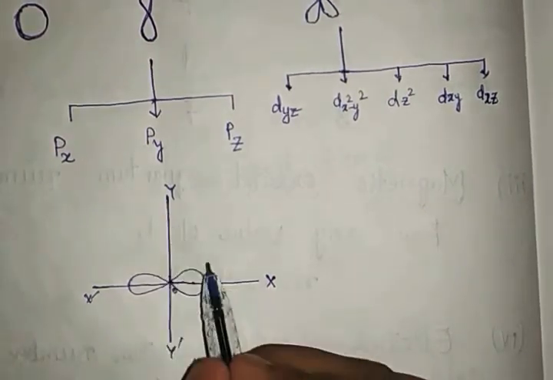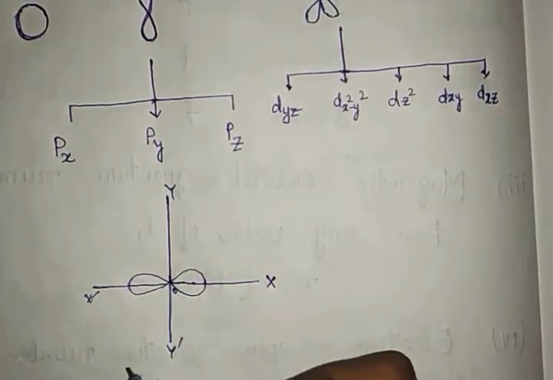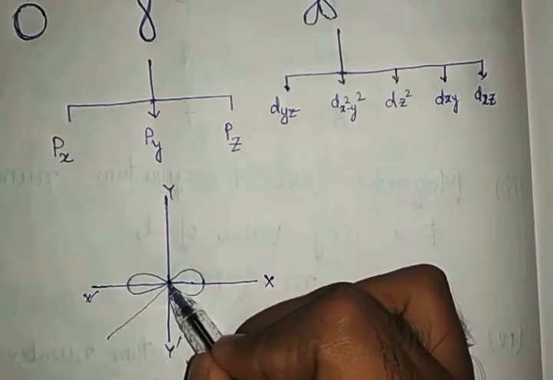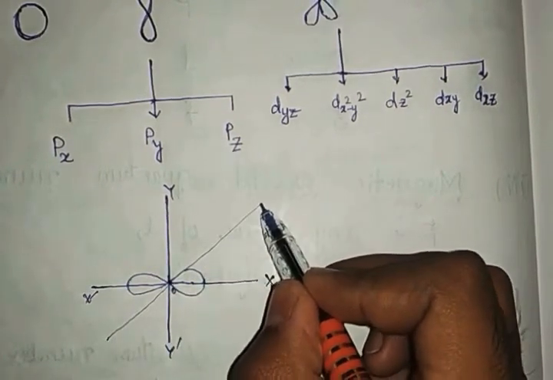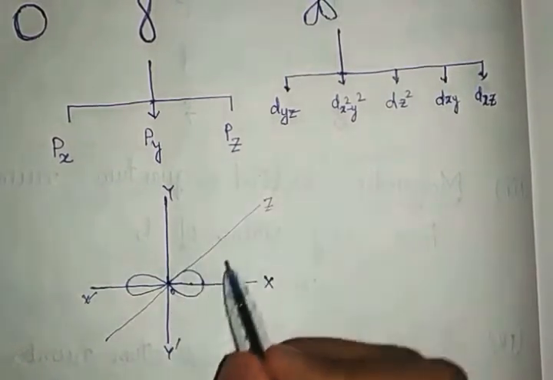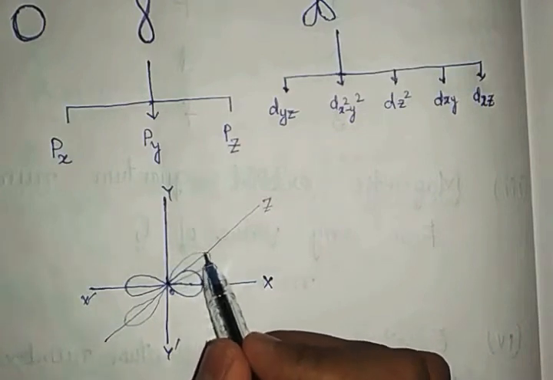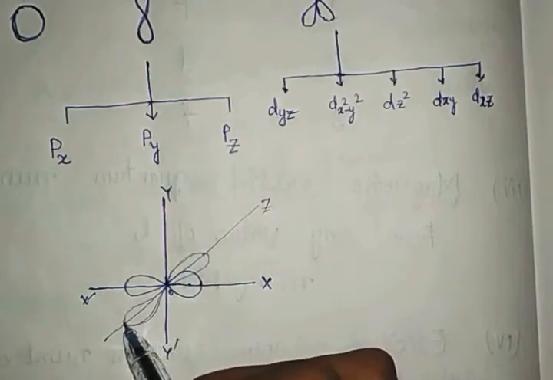If it is py, it will be along the y-axis. If it is pz, the third one, suppose this is the z-axis, then pz will be along the z-axis in this way.